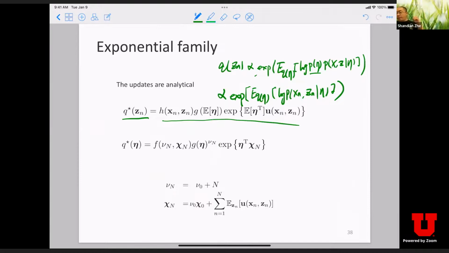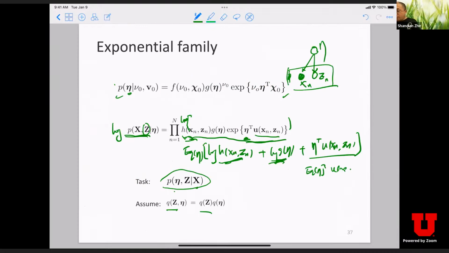Z is some kind of random variable associated with every data point xn. Let me think about one case.